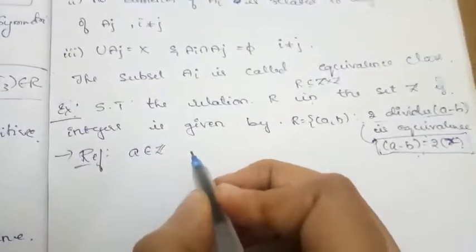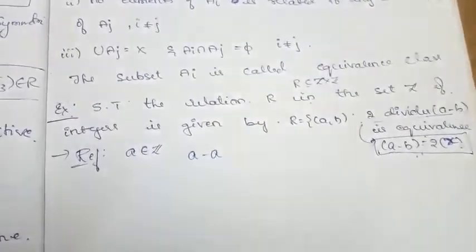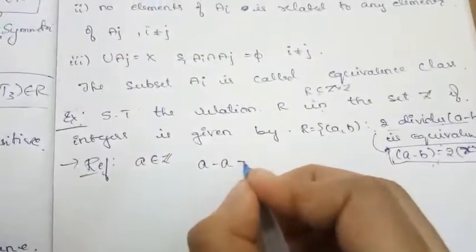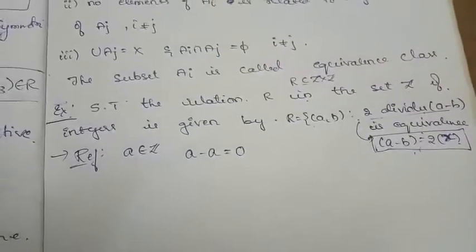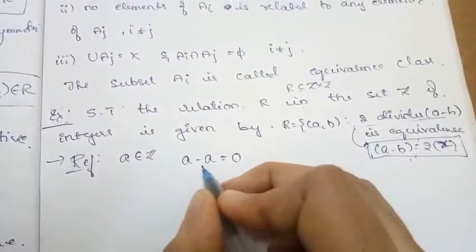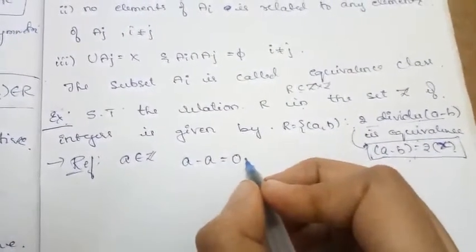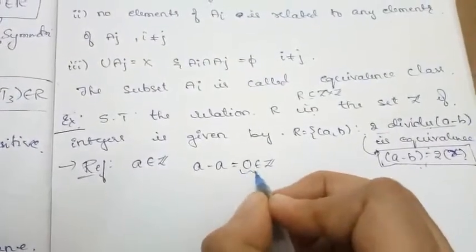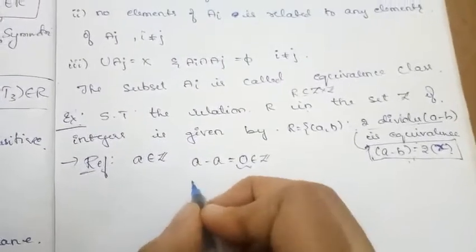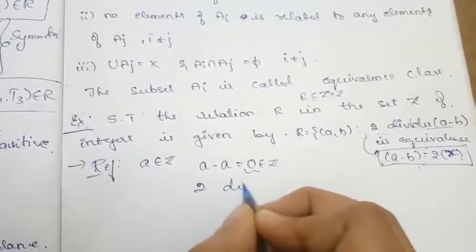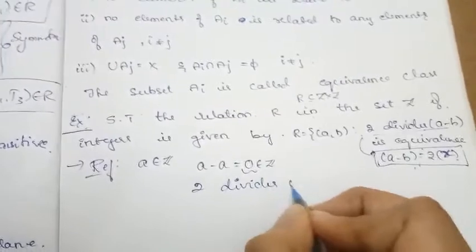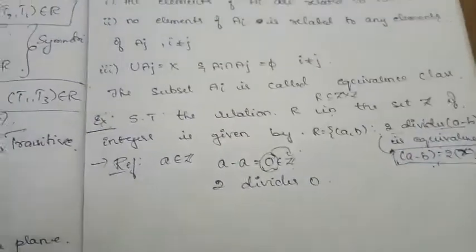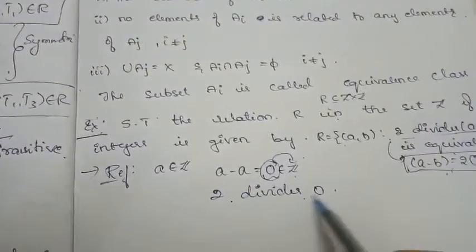Then clearly A minus A, if I subtract the number from itself, is 0. 0 also belongs to the integers, and any number divides 0. So clearly we get that 0 belongs to the integers, and we can say that 2 divides 0.